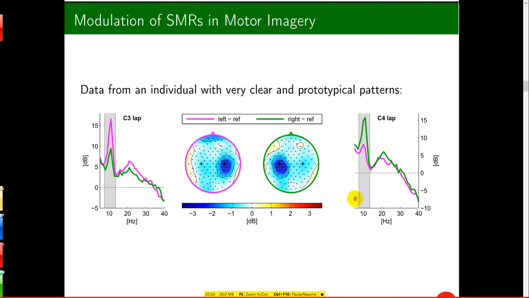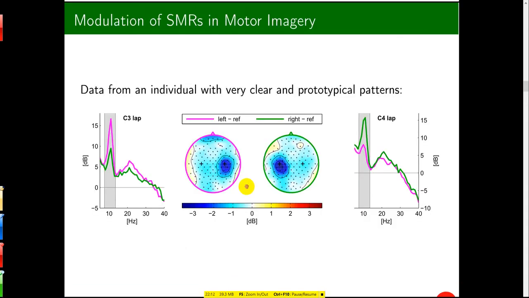And that's happening around the mu rhythm, so-called, around 10 Hertz. We don't see strong differences in the other spectrum. Any questions? And this can be used to control an external device. Two different patterns, right? That can be used as a binary command, yes and no.